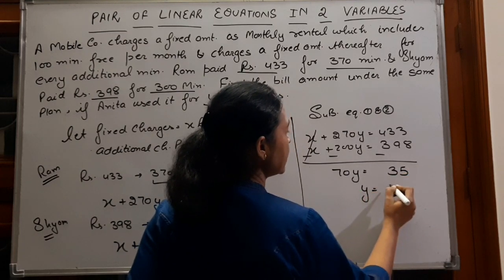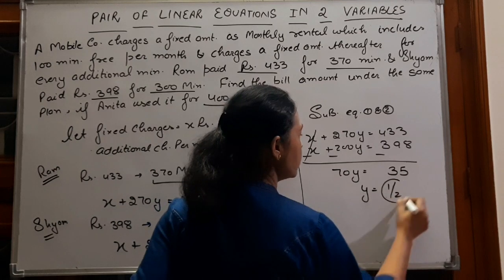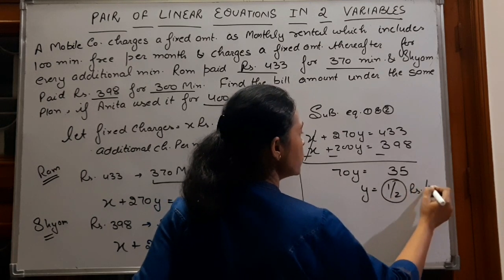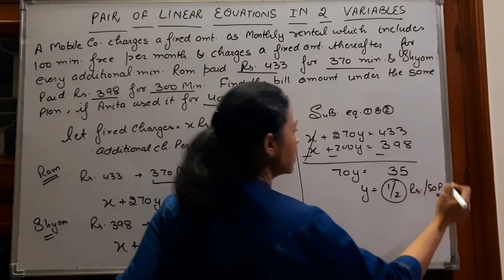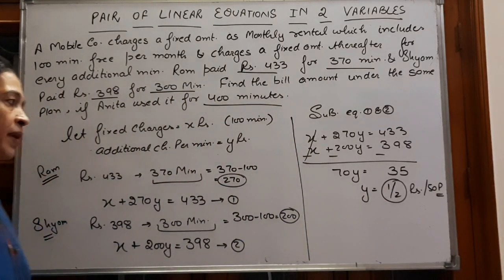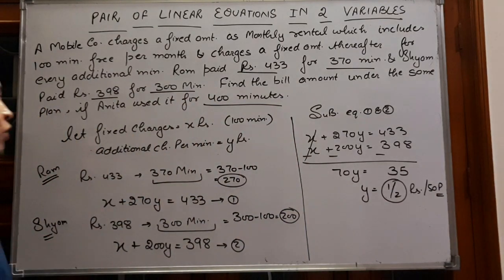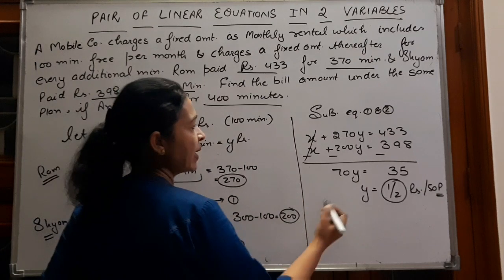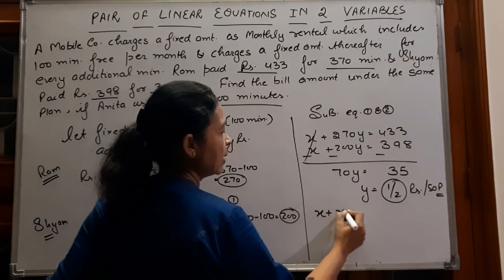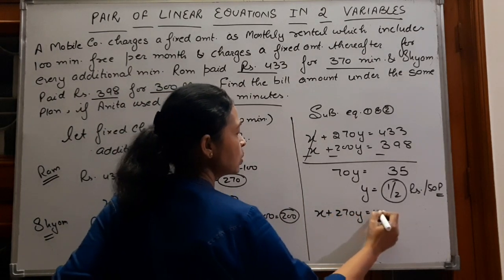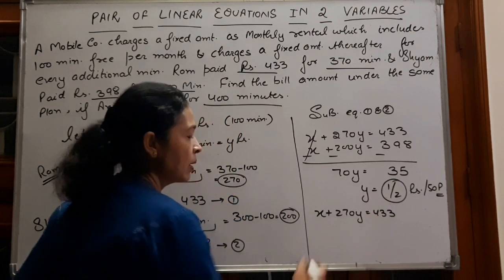433 minus 398 is 35, and Y equals to 35 by 70, that is 1 by 2 rupees, that is 50 paisa is the additional charge per minute. Now we have to find the value of X, put the value of Y in equation 1, that equals to 433.